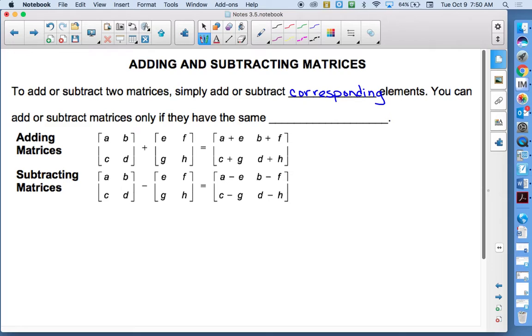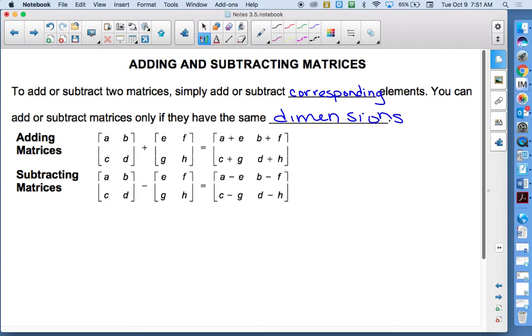They've got to be in the same location. You can add or subtract matrices only if they have the same dimensions. So they have to be the same size. If they're not the same size, you cannot add them together, because you wouldn't have enough elements to add with a different matrix.